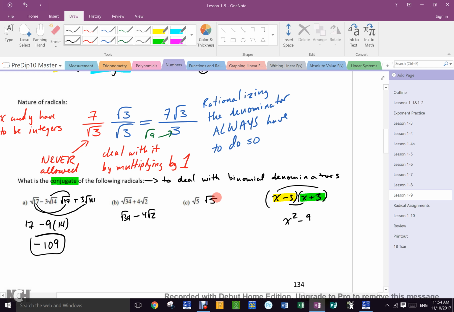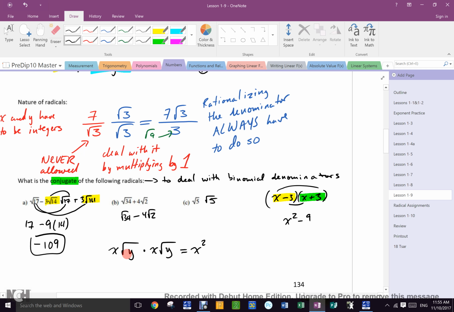Everybody cool? Now the problem kids have with this is this one. 3 root 14 times 3 root 14. You've got to remember when you have x root y times x root y, you have to multiply both of them. So what's that answer going to be? It's going to be x squared, x times x, and what's going to happen with the y's?